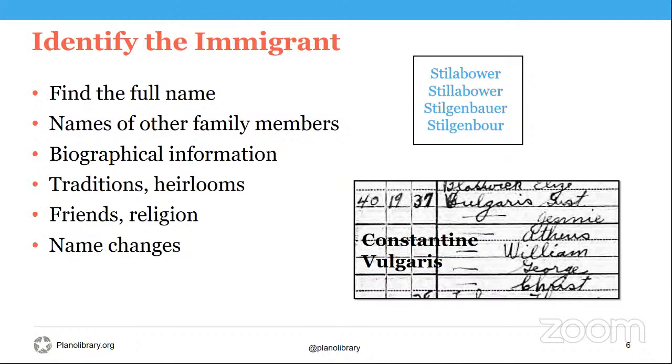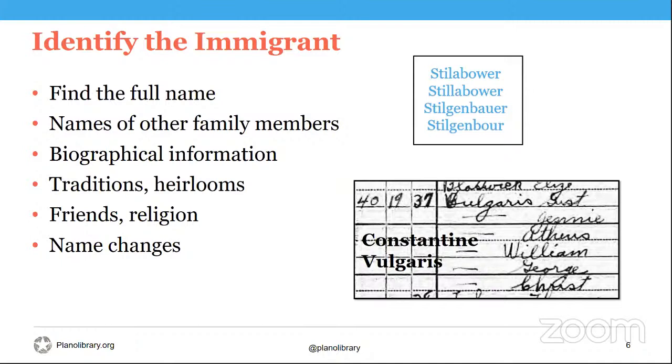You want that biographical information. How old are they? When were they born? Where were they born? When did they come over? Is there anything else you can find out about them? The traditions and heirlooms that you have about them are very good because they can help fine-tune where they came from.